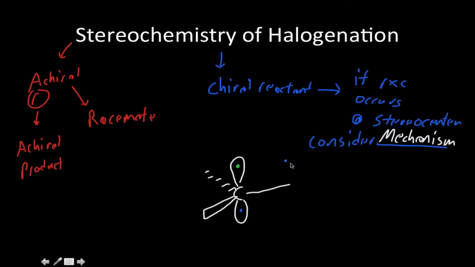So say you have bromine there. I'm just going to draw it like this. You can have radical reactions happening at the top, or you can have them happening at the bottom. Either one, so it's something you want to keep in mind.